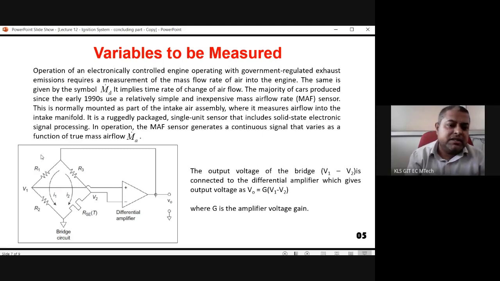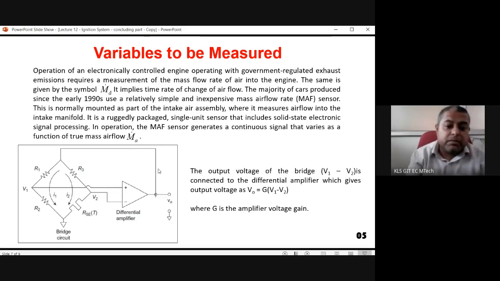Here there is a Wheatstone bridge which is picking up the voltage difference V1 minus V2. V1 is constant, V2 voltage is a function of this resistance RAC, and the resistance of RAC is a function of how much air flow is passing through it. Okay, so V1 minus V2 is a function of air flow passing through the RAC, and the gain of this differential amplifier is given as G.